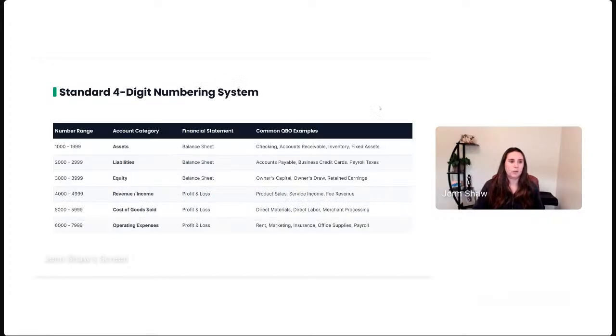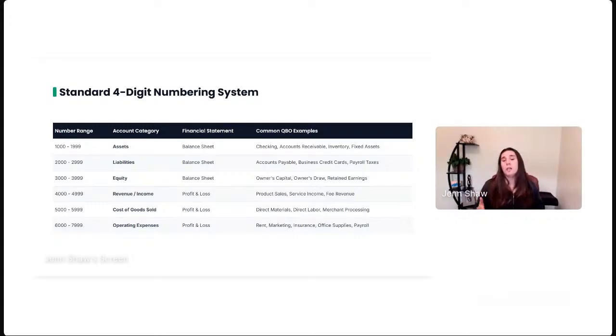Okay. A lot of times you may see a numbering system within your file that can be helpful. This is not a hard rule and you don't necessarily need to use it, but it's just a good idea as you line things up. A lot of times you can sort things alphabetically, but it's a little bit easier when you have them numbered and you can force that listing to be how you want to view it.